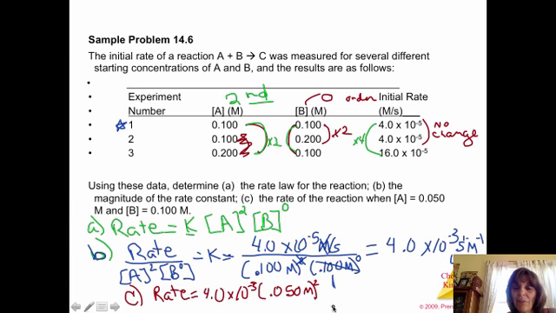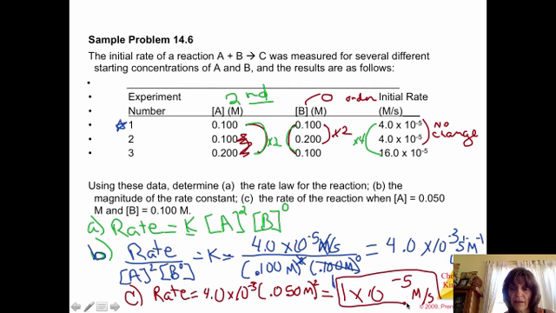And I'm going to leave out the B part completely because it cancels out as 1. It doesn't affect the rate. So you do the math. I'm going to try the math. And I get 1 times 10 to the negative fifth molarity per second as my rate for that new set of conditions. All right, those aren't too bad.